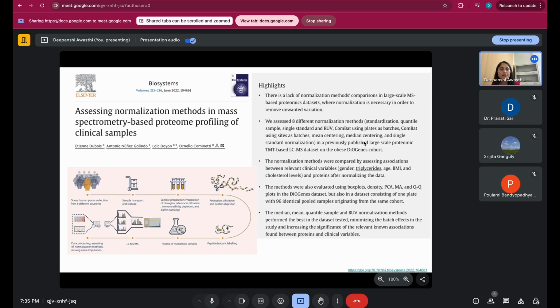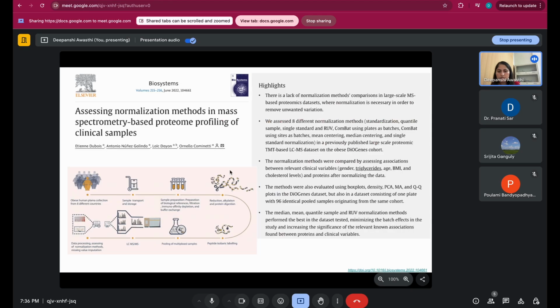So these are different kinds of normalization methods which they have compared, and they have identified which normalization method should be used and for which conditions which method is better. You can go through this paper in which they have taken obese human plasma collection from 8 different countries. They have taken their data, and ultimately during analysis they have used these data normalization techniques.